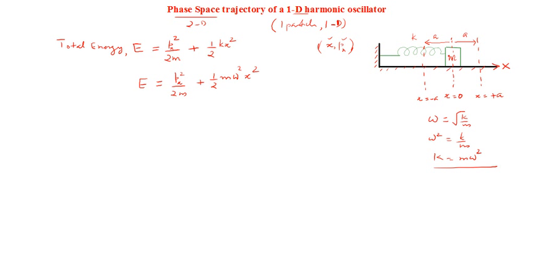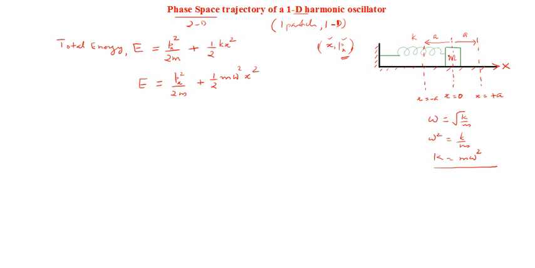That is why when I wrote total energy, I didn't write it in terms of half mv square, because then I have velocity, but I need momentum as one of the coordinates. That is why I have re-expressed the kinetic energy in terms of momentum px.